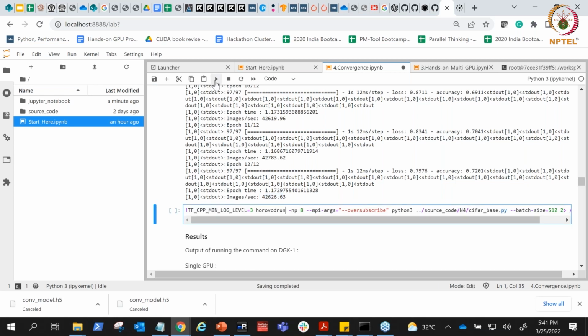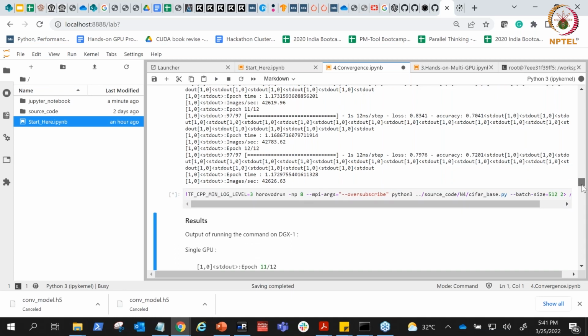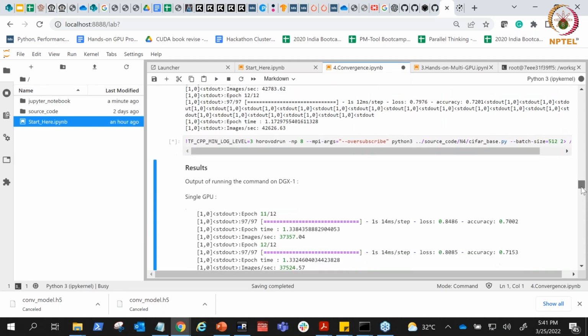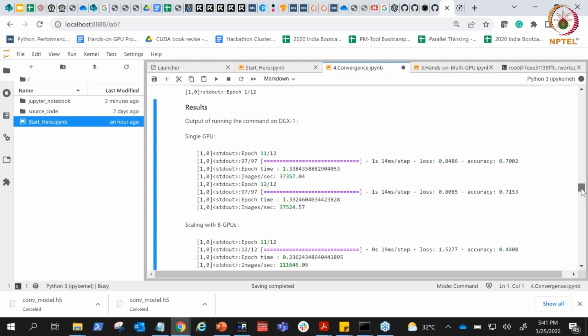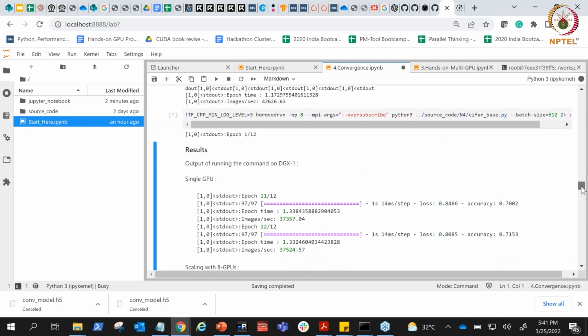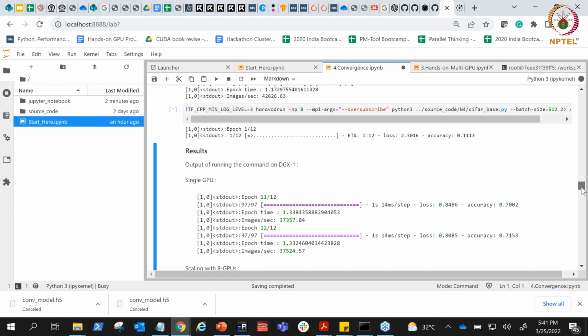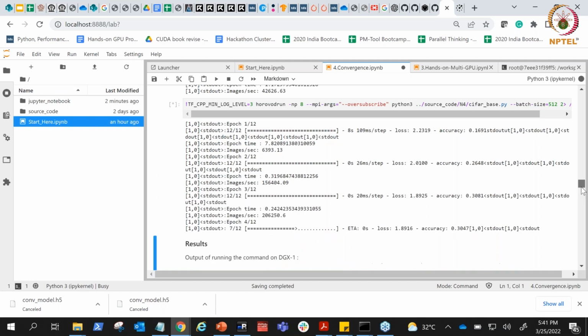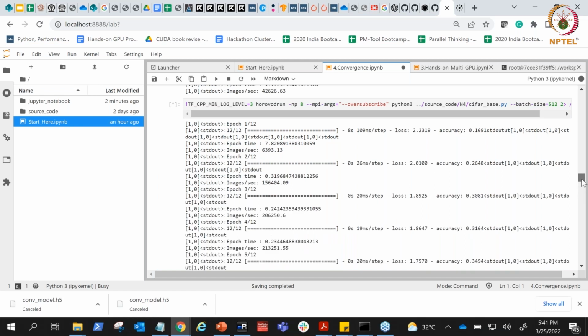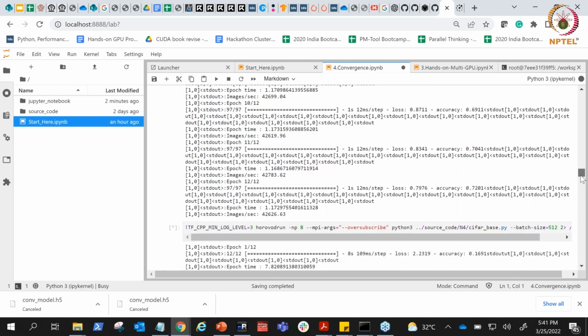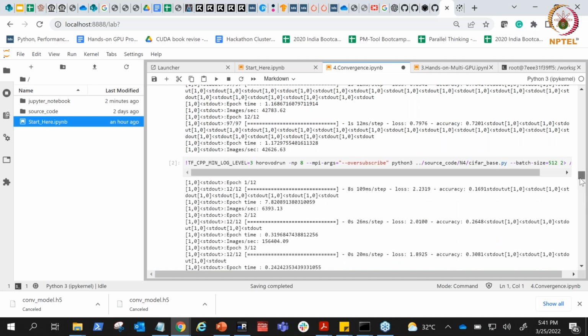Let's see if we are able to run it on the 8 GPUs also. And hopefully it should run. If it doesn't, then I will just stick to the theory. So it started running. The most important thing for us here is the accuracy, and that is what we want to look at.